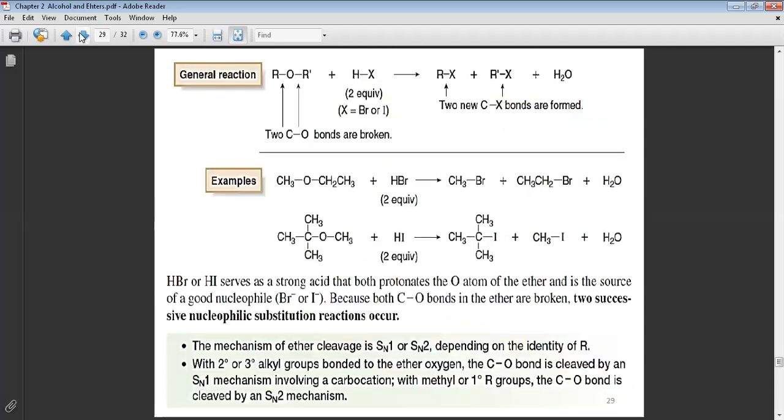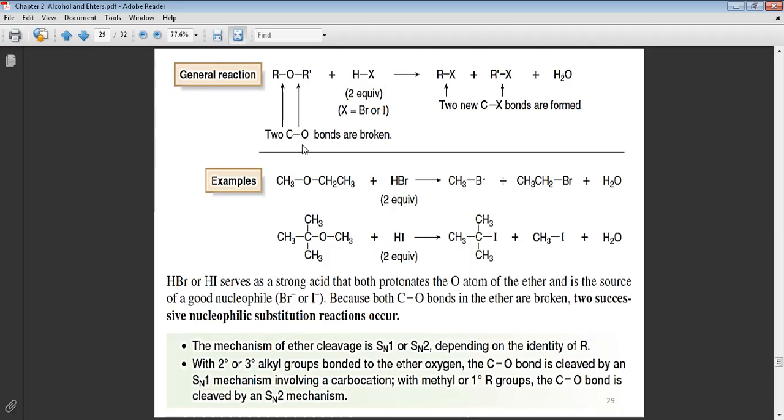How? I will show you here. This is the general reaction: ether with HX, 2 equivalents, meaning 1 mole for this side and 2 moles in total. It will give you RX for every R, plus H2O. This will be RX, and this will also be RX, and the oxygen will be removed with 2 hydrogens as an H2O molecule.